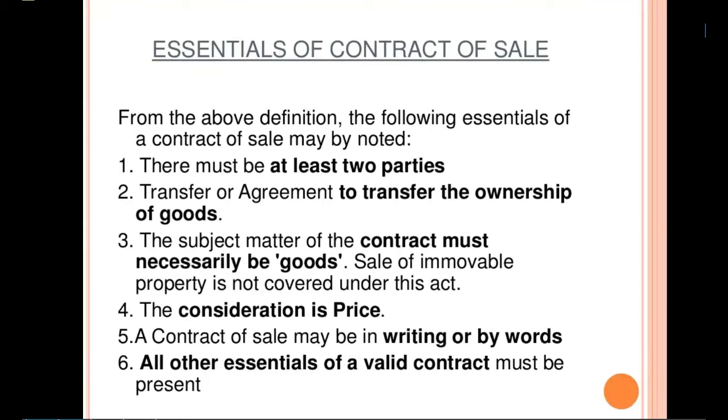So, immovable property is not covered under this act. The consideration is the price. A contract of sale may be in writing or by words. It can be in both formats. All other essentials of a valid contract must be present.